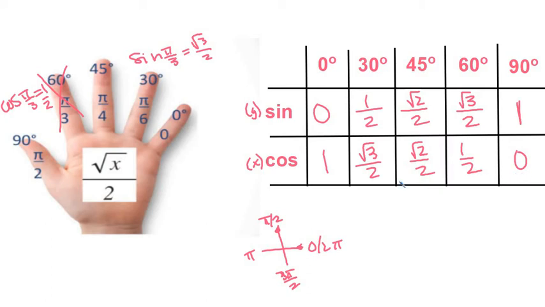So if you just cannot get the hand trick, then I would suggest drawing this chart. The thing about the chart is you need to make sure that your numbers are in order. And of course, you need to remember that sine starts at 0 and cosine starts at 1, which is where 0 is. So this is the coordinate 1, 0. However you need to memorize that, either one is acceptable.